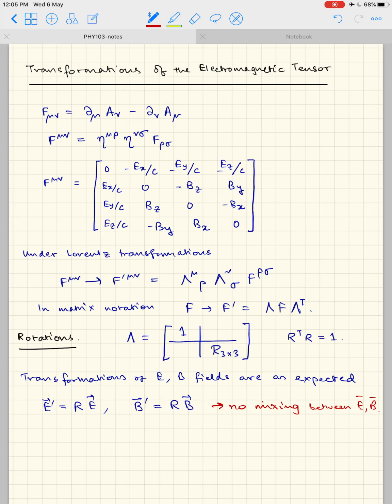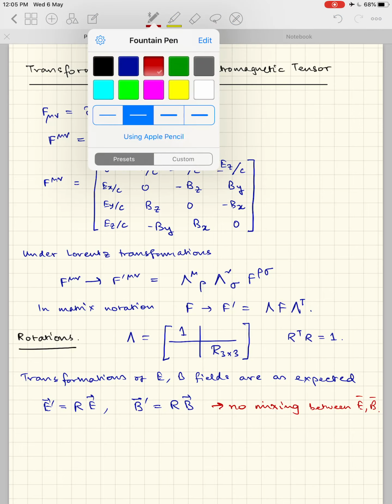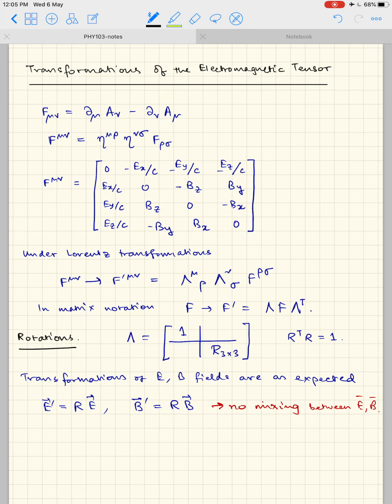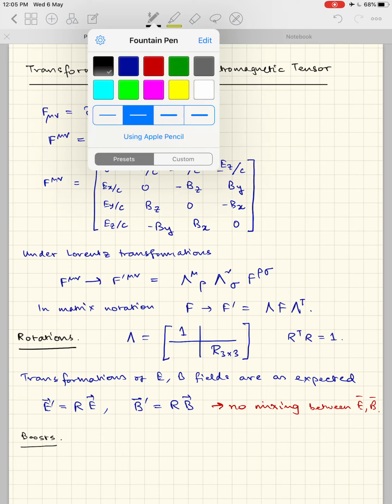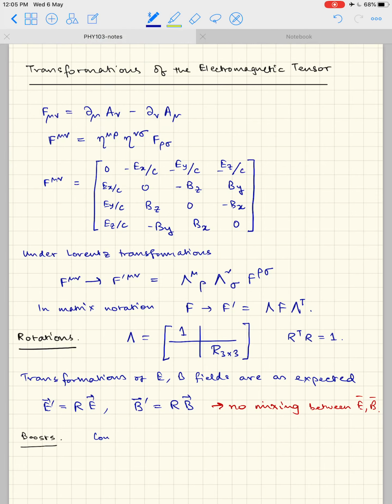Okay. Now, as you can well understand, the situation for the boosts will be different. So for boosts, let's consider boosts along the x-axis.